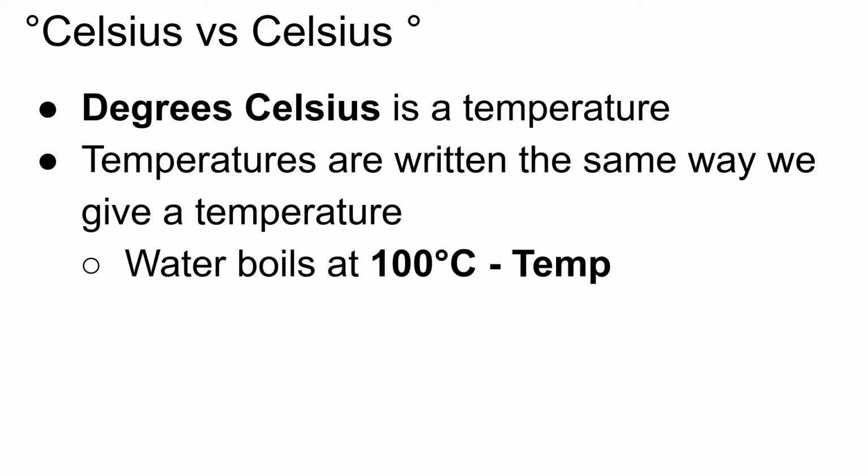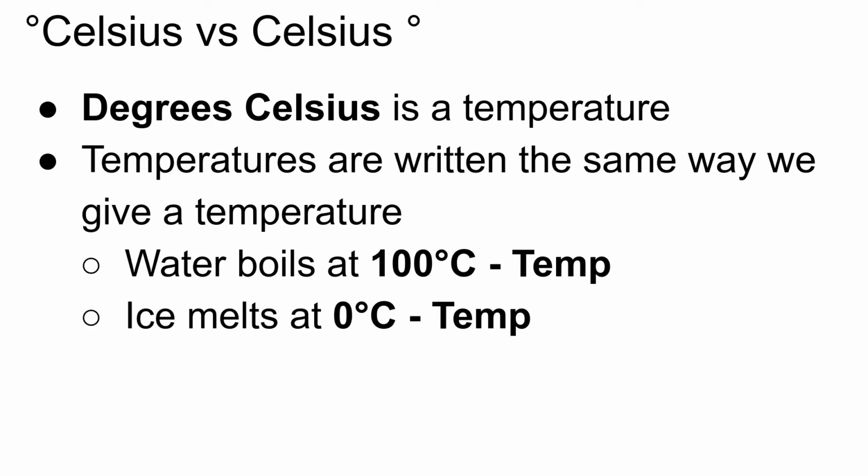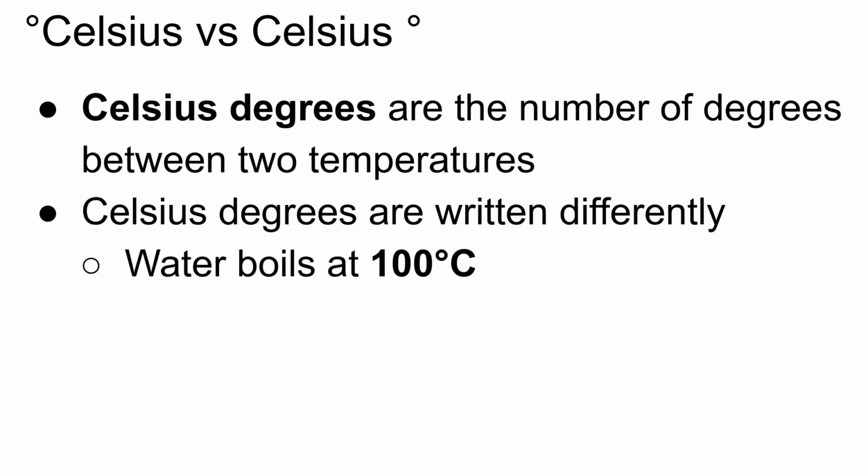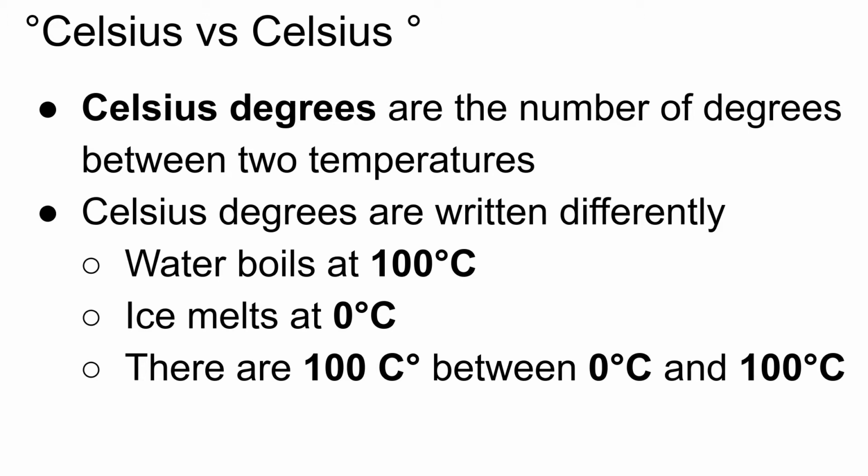Water boils at 100 degrees Celsius. That's a temperature. Ice melts at 0 degrees Celsius. That's a temperature. Celsius degrees are the number of degrees between two temperatures. They're written differently. But between them, there are 100 Celsius degrees.